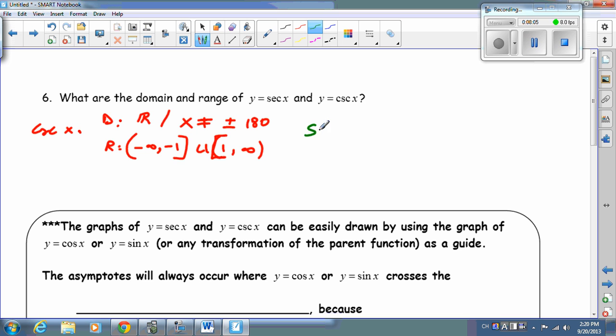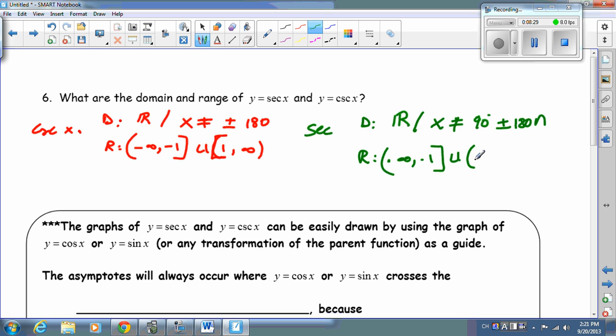If I do the same thing for the secant, the domain now will be all real numbers such that x is not equal to 90 degrees plus or minus 180. And keep in mind, you can write this in radians as well. And the range will be from -infinity to -1 with a bracket, union 1 till infinity, bracket also at 1.